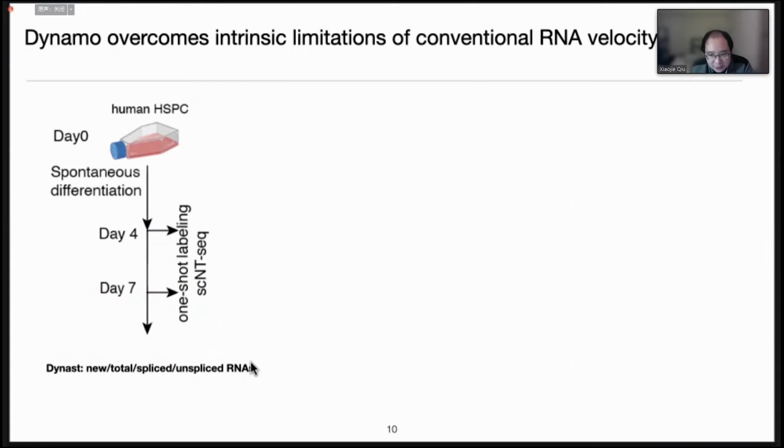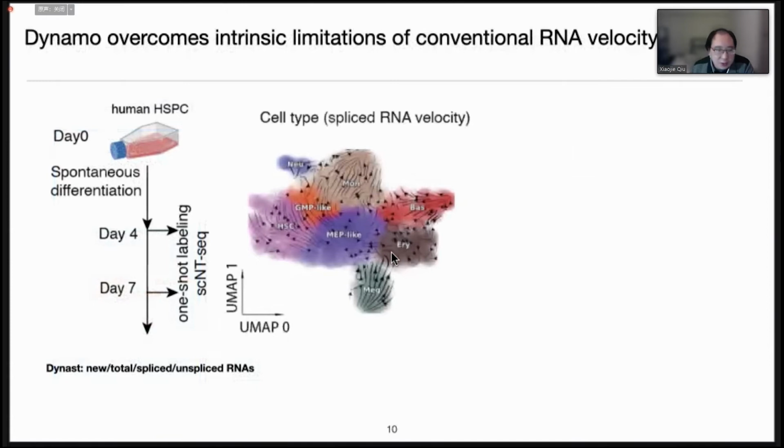With the data, we can then perform spliced RNA velocity with the scVelo dynamical model. Interestingly, the splicing RNA velocity reveals an overall pretty messy RNA velocity flow, and also problematic transitions from mature cell types such as megakaryocytes, erythroid and basophil back to the progenitor.